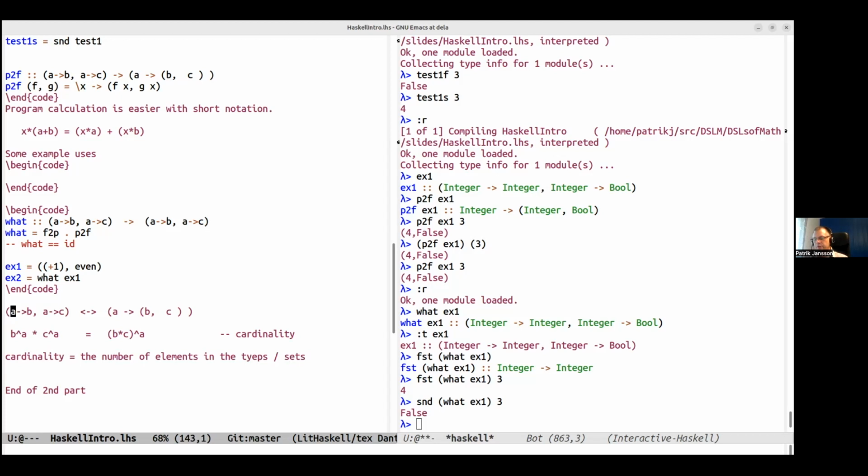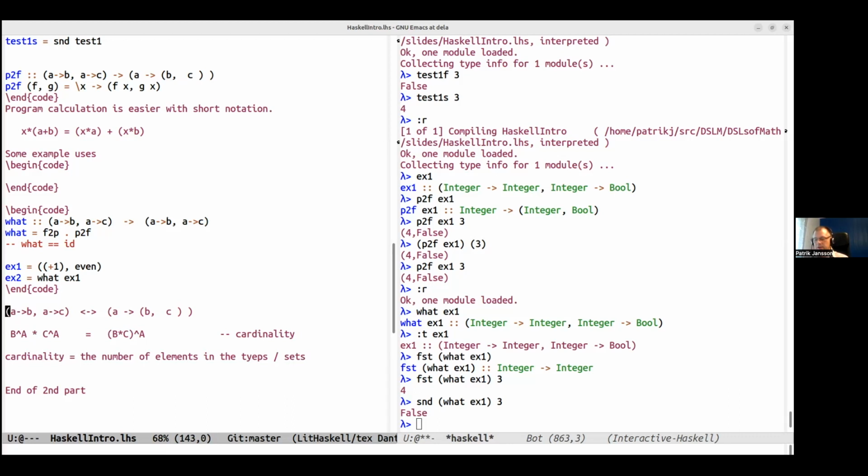So the number of functions from A to B is B to the power of A, if B is the number of values in the type B and A is the number of values in A. Maybe I should write capital A and B here to avoid confusion. So this is one of the exponentiation laws. If we have B times C to the power of A, well, B to the power of A and C to the power of A. So it's equal to B to the power of A times C to the power of A.